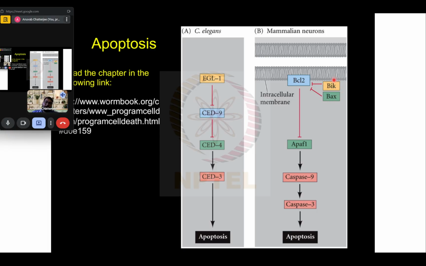BIC and BAX, being in the cytoplasm, go ahead and inhibit BCL2. BCL2 being inhibited releases APAF1. APAF1 activates caspase-9, which is equivalent to SED3. Caspase-9 actually activates a second caspase, caspase-3, which is the executioner protease, which chops everything up, and you have apoptosis.